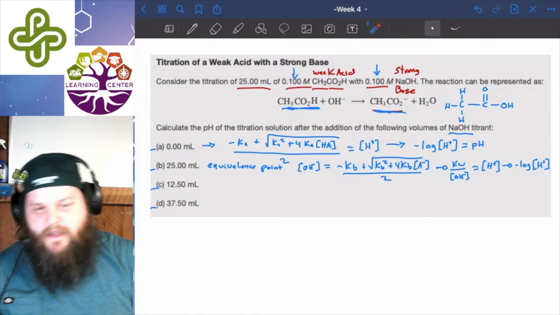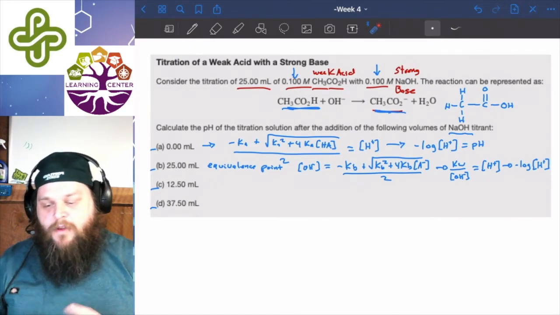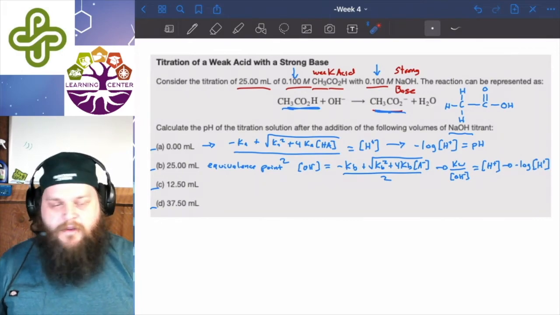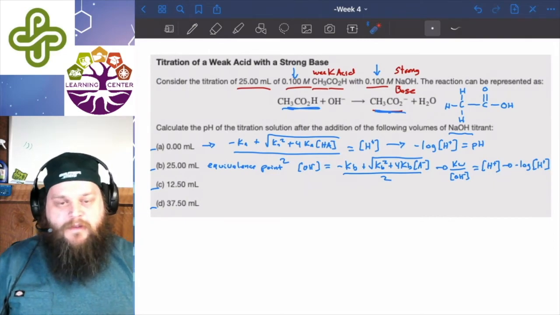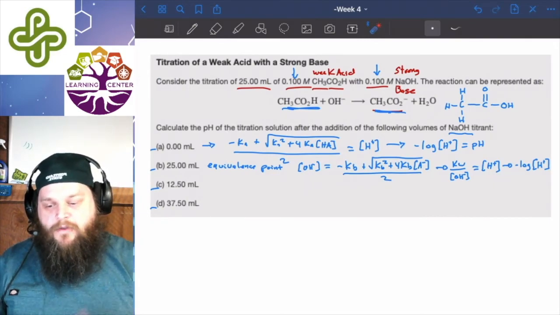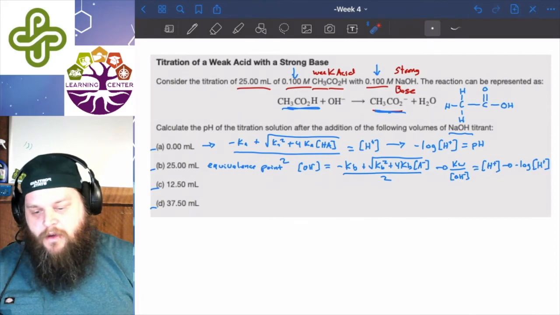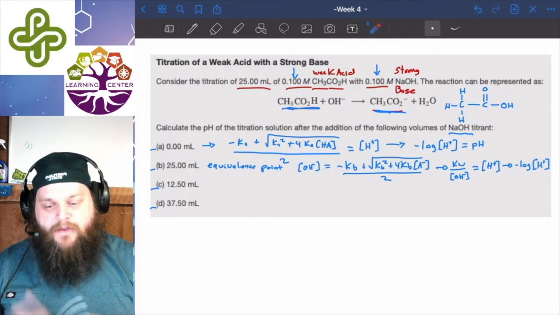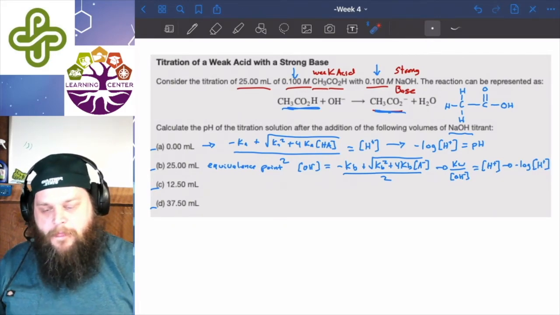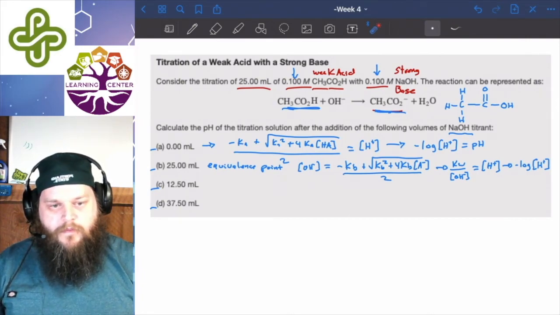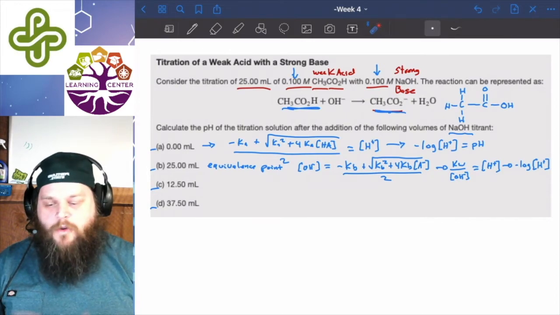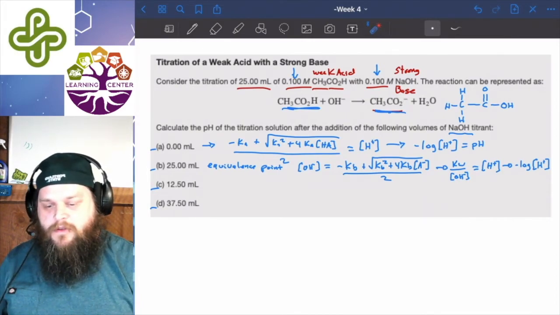So what about C? What's happening for C? We have 12.5 milliliters in there. We're adding 12.5 milliliters of sodium hydroxide into 25 milliliters of our weak acid, and they have the same concentration. Which equation do we think we should use?